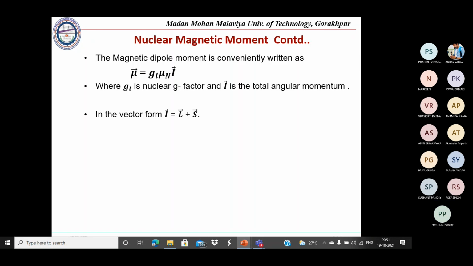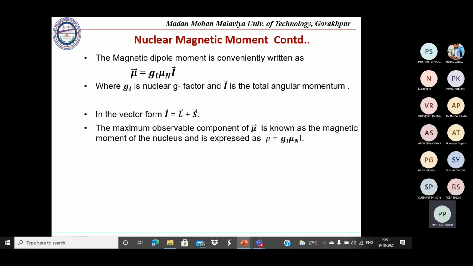And this mu n is known as the nuclear magneton. You can see in the first bullet point that the magnetic dipole moment is conveniently written as mu is equal to GL mu n I, and the other parameters are given in the next point, where I is the sum of L and S both.